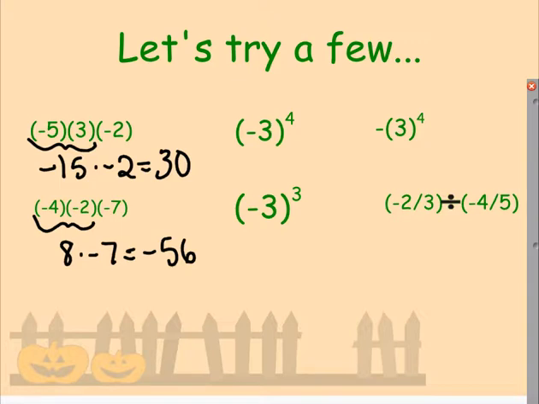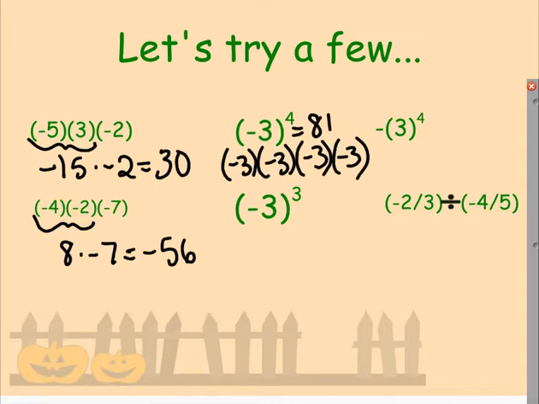Now let's look at (-3) to the 4th. Well, that means I have -3 times -3 times -3 and another -3. Well, all of those, since we have 4 negatives, each pair will come out positive, so we end up with a positive result of 81.